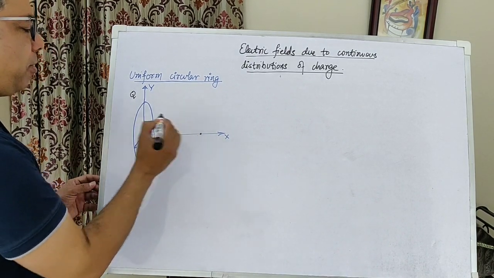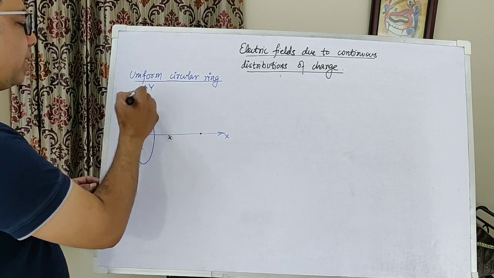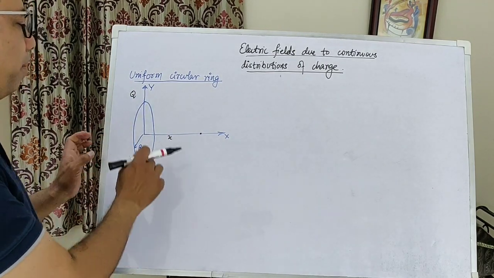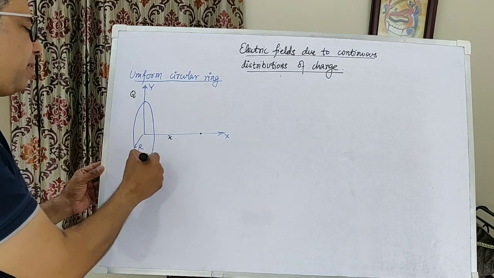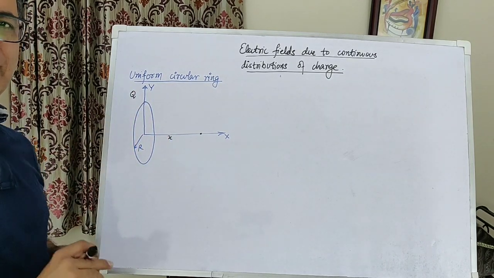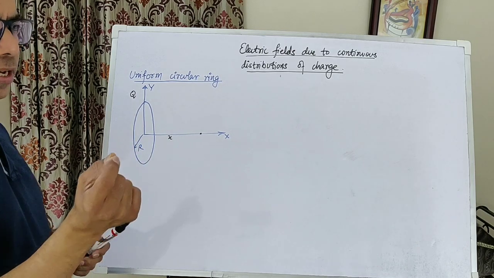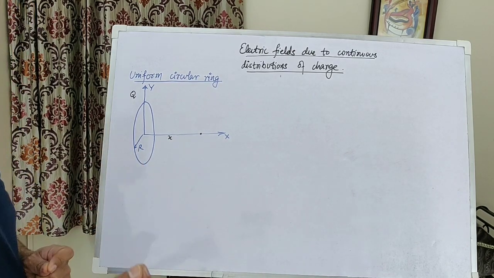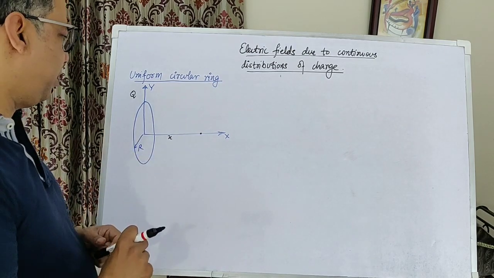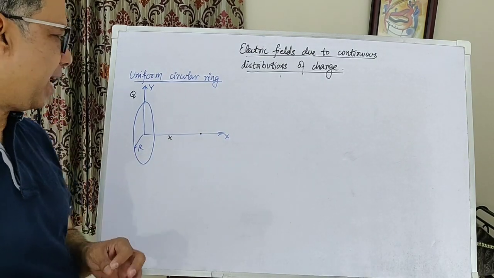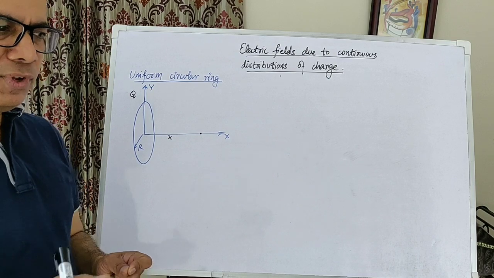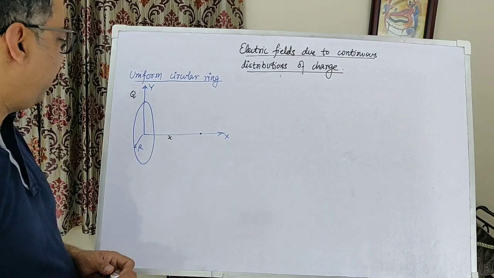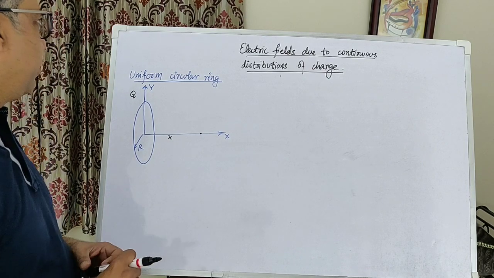Now at this point here, we are going to calculate the electric field of this ring by dividing the ring into tiny little elements carrying a tiny amount of charge dq. We are going to take very small elements, and the reason for doing that is that we actually know how to calculate the electric field due to a point charge.